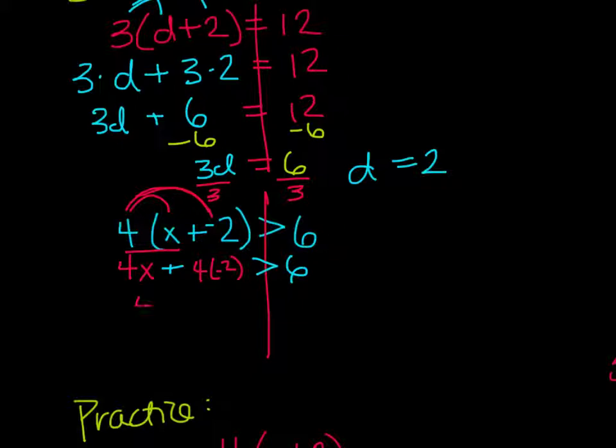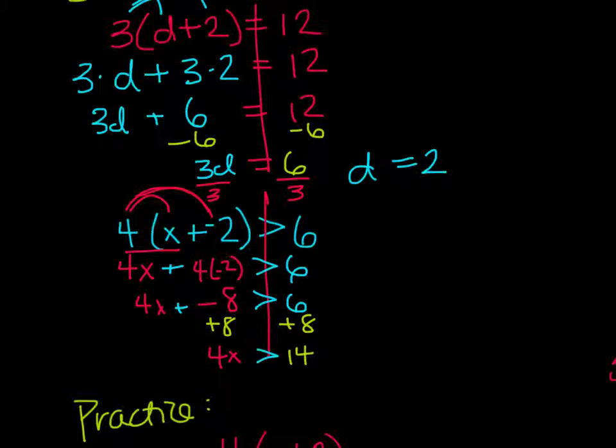So do the math: 4x plus negative 8 is greater than 6. Let's finish off that math. Let's just add 8 to both sides, and we get essentially 4x is greater than 14.